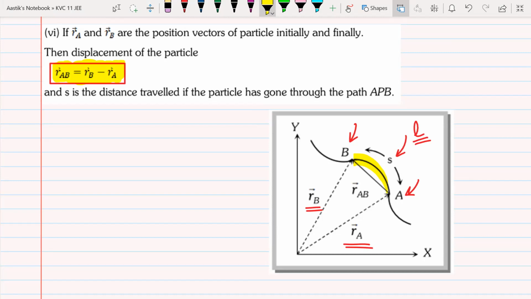So which do you think is simpler to calculate, the displacement or the distance? Displacement. Because to find out displacement, you just have to draw a straight line from point A to point B, and that gives you the displacement. Anyone understand this? Yes or no?